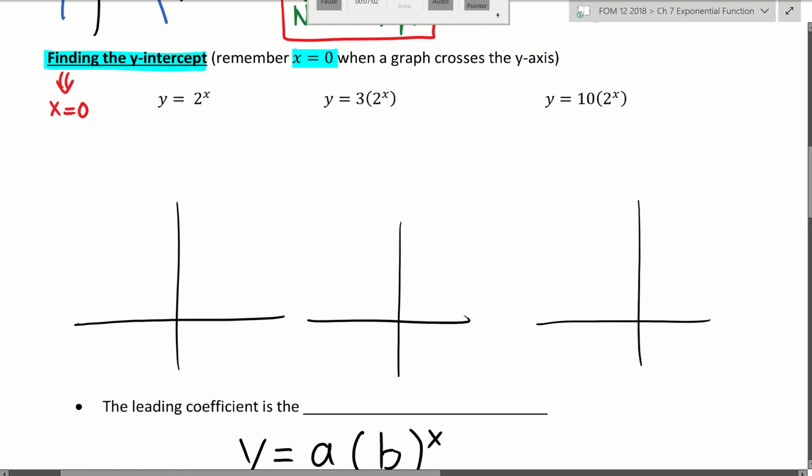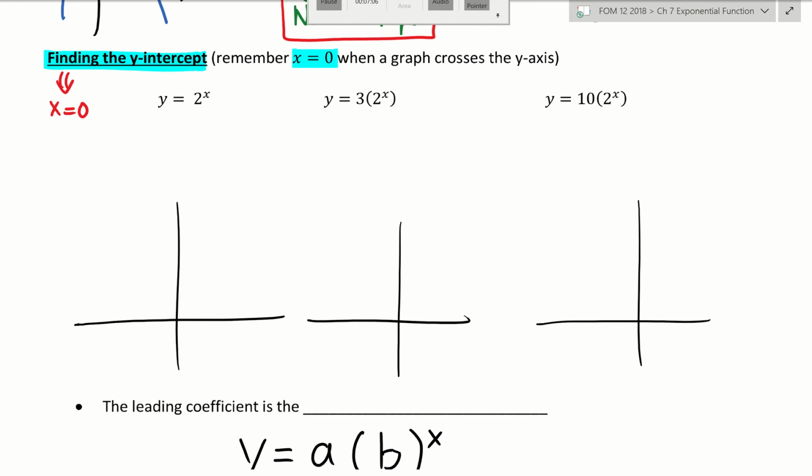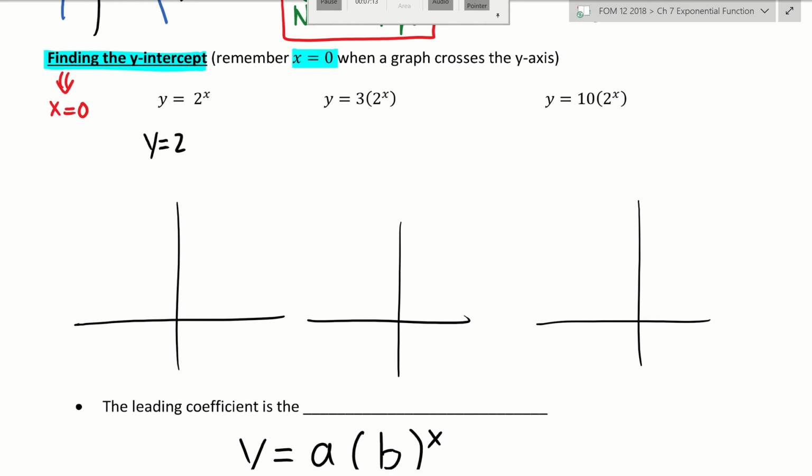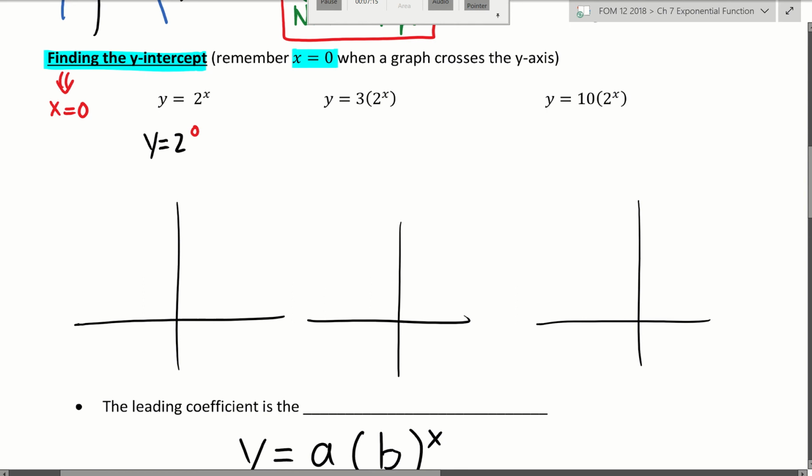So that's easy. x equals 0 is a calculation. You just have to plug it in to see what that value is and see the result. So for example, what is 2 to the power of 0? That's 1. Anything to the power of 0 is 1, right?